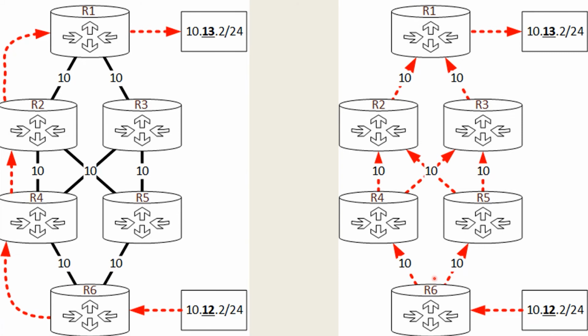In some cases, in this example here, we've got a range of equal cost paths. To get from R6 to R1, we can go from R6, R4, R2, R1 for a cost of 30. We can go to R4 to R3 to R1, or we can go to R5 to R2 to R1, all with a cost of 30. So what the routing protocol is going to do in the background is install all those 4 paths, and say, okay, the metric across all of those 4 paths is equal, let's load balance.